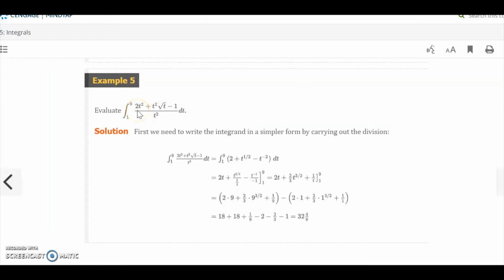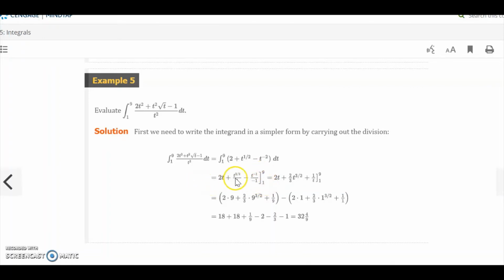So the first part becomes 2, second part becomes t to the 1/2, because that t squared over t squared cancels. The last part, it's minus 1 over t squared, so it's minus t to the negative second. And then you just use the power rule for each of them. Plug in from 1 to 9.